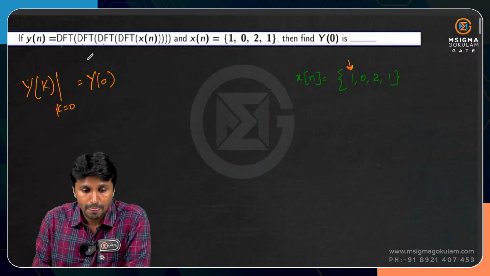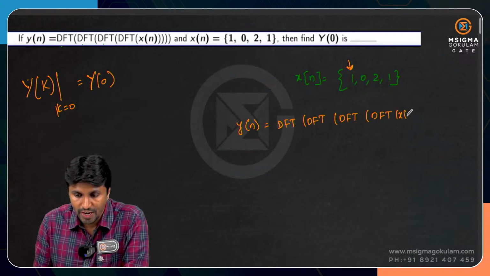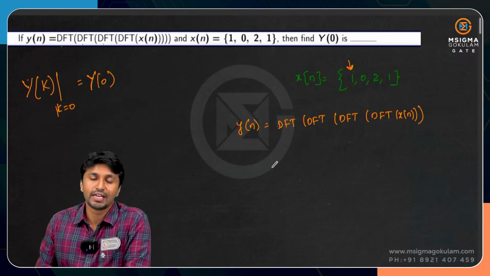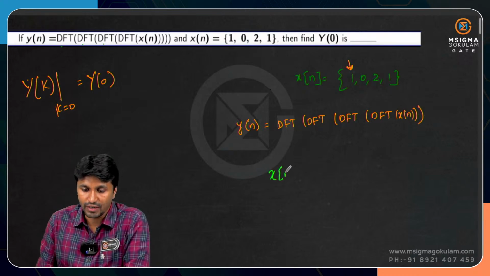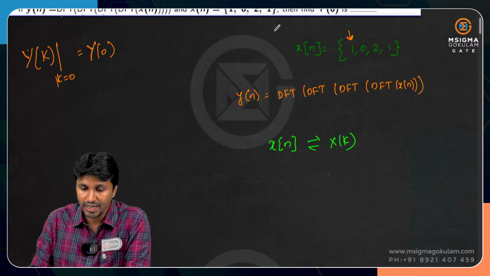Now look at this one, y of n is equal to DFT of DFT of DFT of DFT of x of n, right? I am going to apply the duality property here. So if x of n and capital X of k form a DFT pair, what is the duality property?